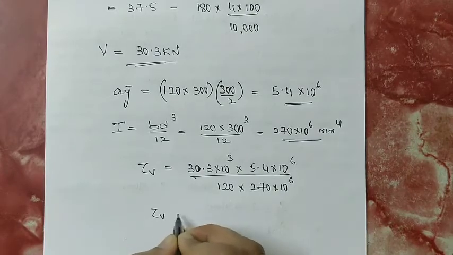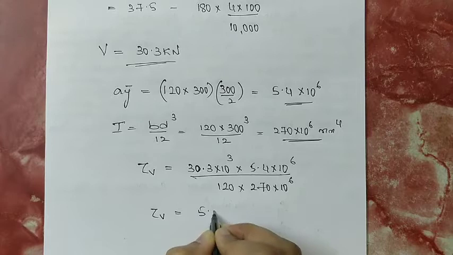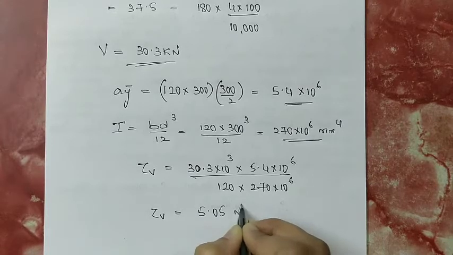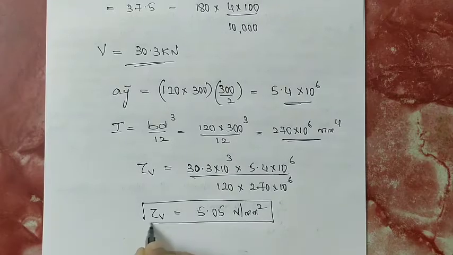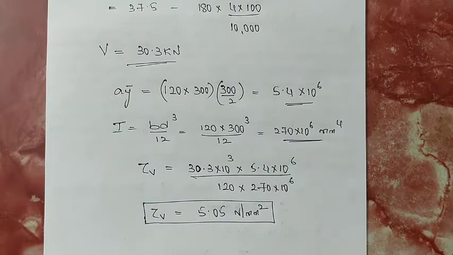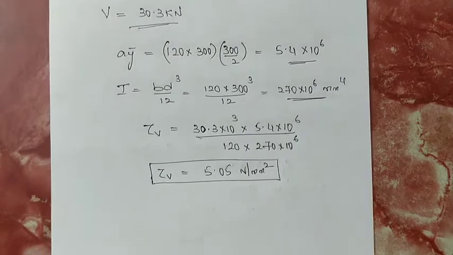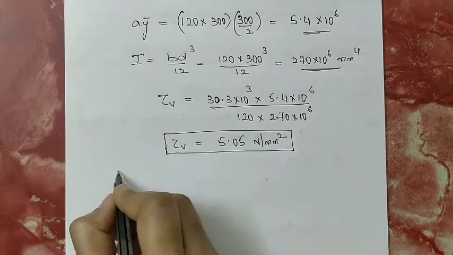Then calculate shear stress. It is given by 5.05 Newton per mm square. Okay. Once you calculated tau V, your next thing you need to calculate, that is principal stresses.